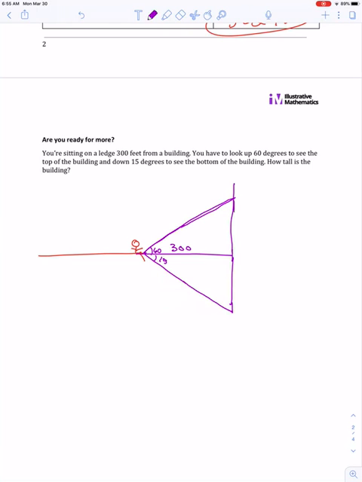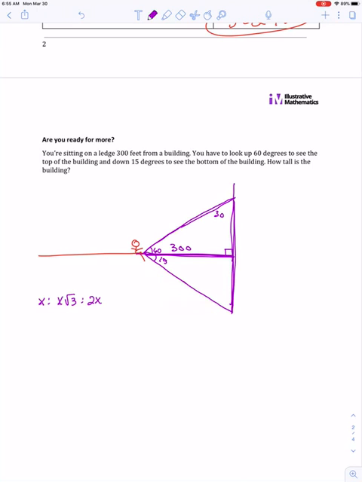Now, the height of the building is this whole thing, but we have to chunk it up because this is my 90-degree angle. But we share this same side. But what we do know is this is a 30, 60, 90. So if I know that's a 30, 60, 90, and I know my longest leg is 300, then we can do our ratio.